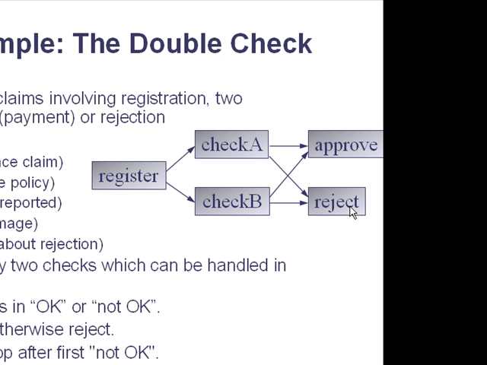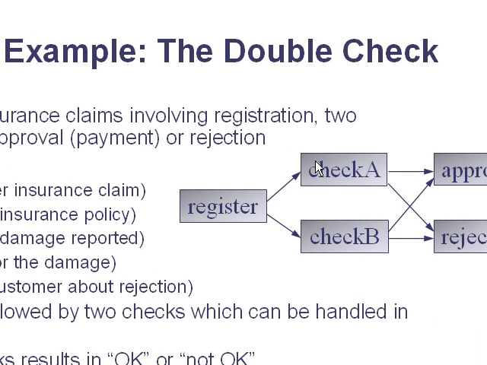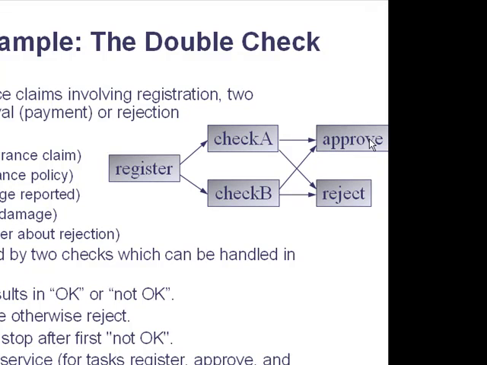As shown in this diagram, the registration is done first, then check A and check B can be carried out, possibly in parallel. When both checks give a positive result, the application is approved, otherwise it is rejected.